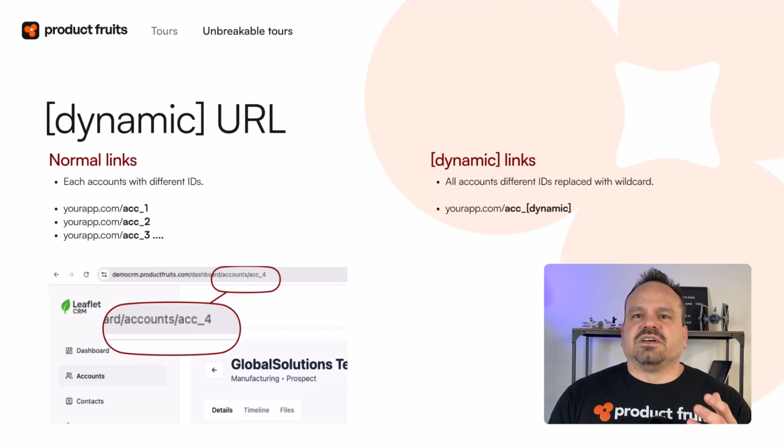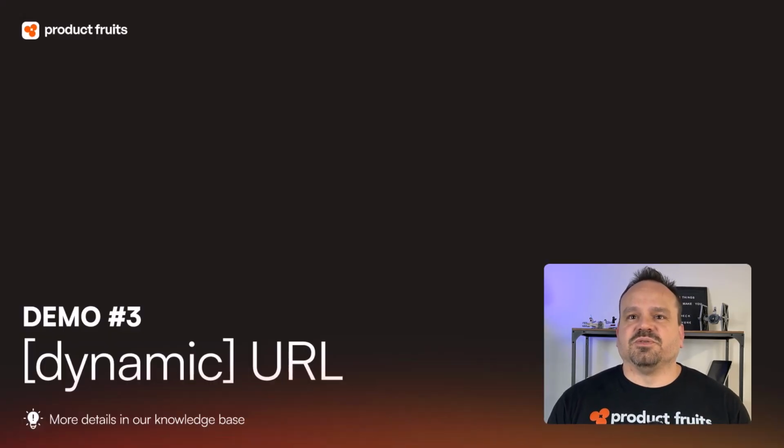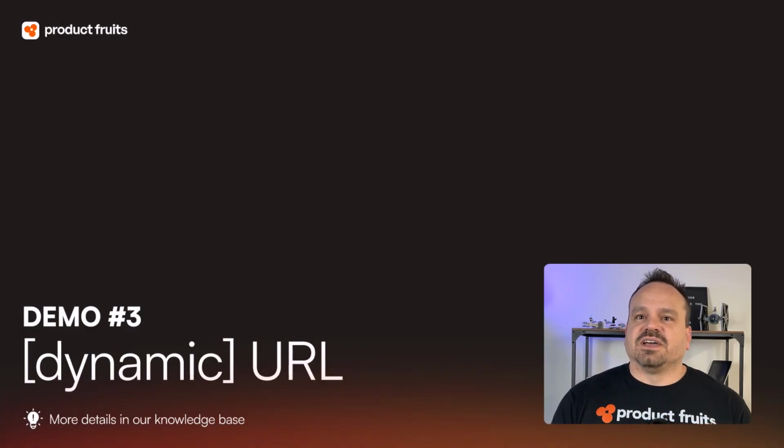It allows your onboarding to be functional across thousands of unique customers' paths without any manual configuration. This approach ensures that your tours are ready to serve the next 5,000 users as easily as they served the first one. Let me show you how to handle the onboarding experience of your customers in a scalable way in our third demo today.